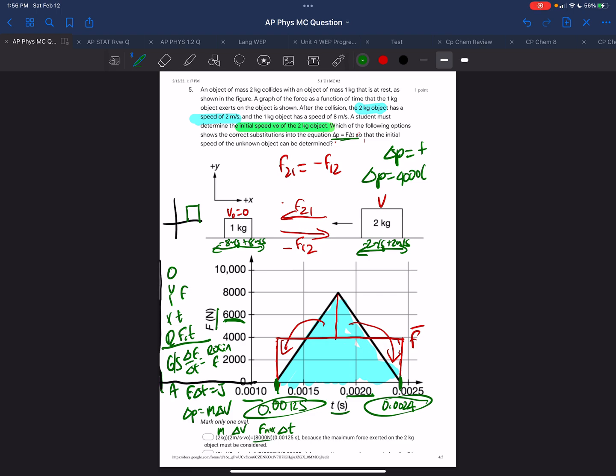This is using the maximum force, which is this, being multiplied by a total time of about 0.00125. So we definitely would not be using the maximum force for this. So this choice has to be out.